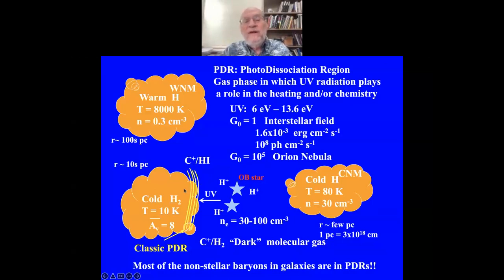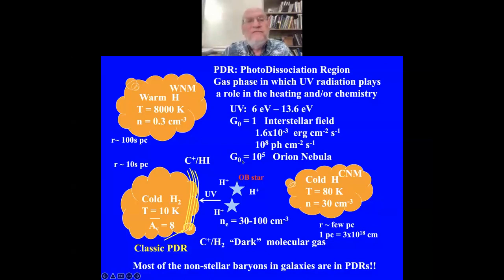A little bit deeper in, we have C+ H2 gas. So this is the so-called dark molecular gas because it doesn't emit very strongly in CO. And then we have the rest of the molecular cloud. Now, using this definition, the PDR can extend almost entirely across this molecular cloud. So most of this molecular gas is also in the PDR.